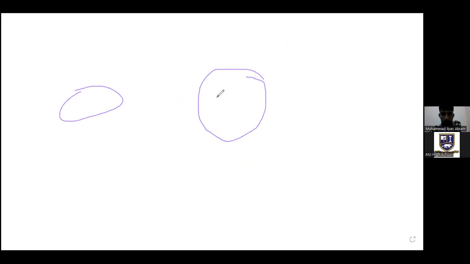One can be around the horizontal, and one around the vertical. So that is the horizontal motion, and the purple circle could be the vertical motion. And in the vertical motion, the stone will move in that direction, while in the horizontal motion, the stone will move in this direction.